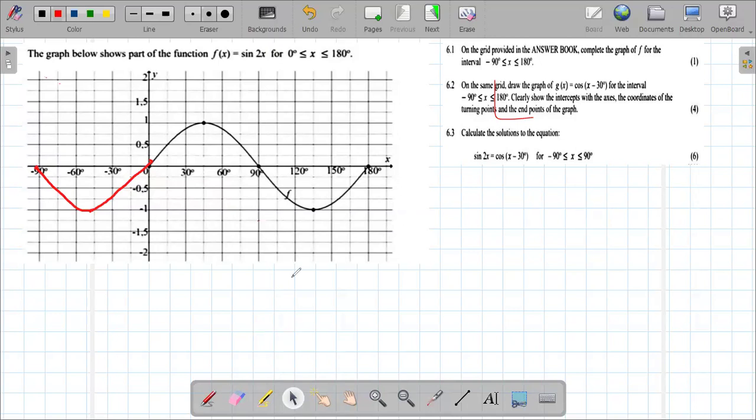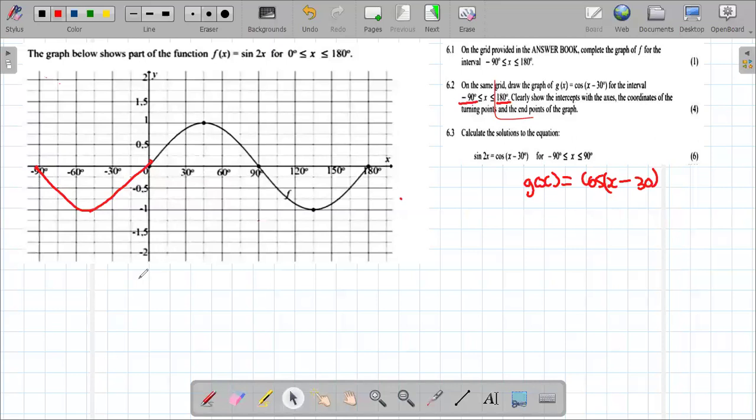So can we do this on the same grid? Okay, cos x minus 30. But check the restriction. They're saying your graph should start at negative 90 and end at positive 180.